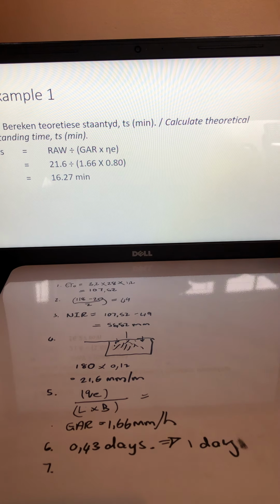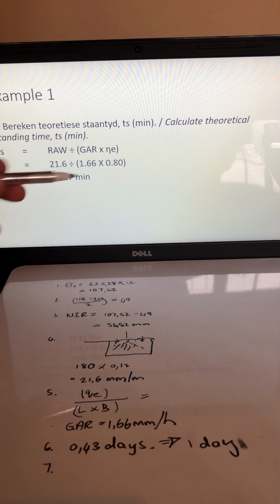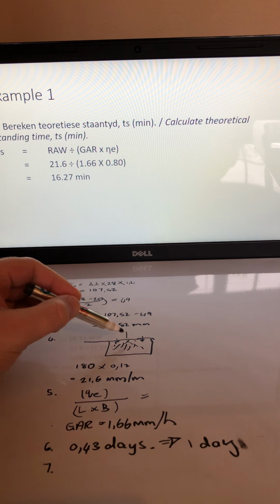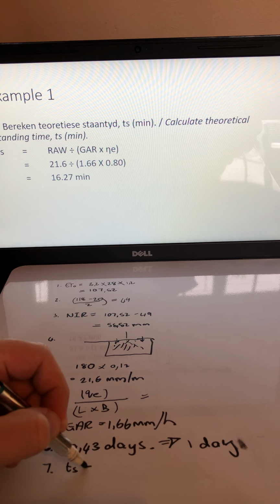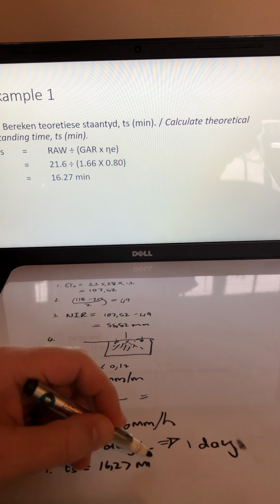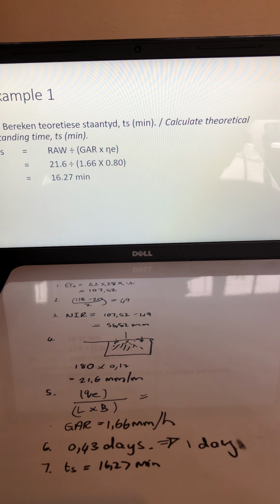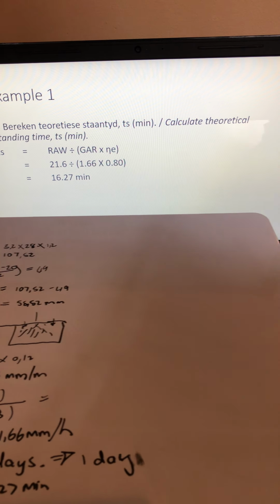That is because the system is not 100% efficient, so it's losing water due to evaporation. You'll add that into the rate at which water is being applied to the soil. And so the theoretical standing time is 16.27 minutes. So that's how long you are going to let this water stand before you turn off the tap.